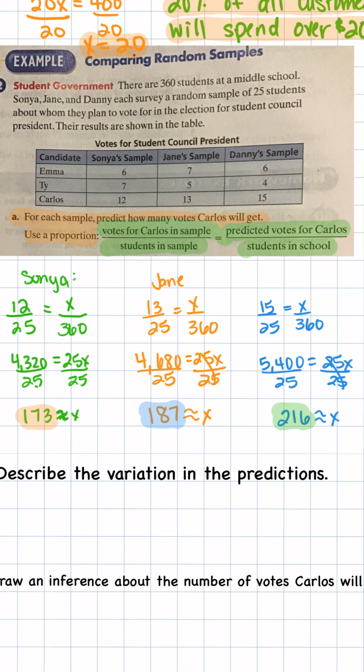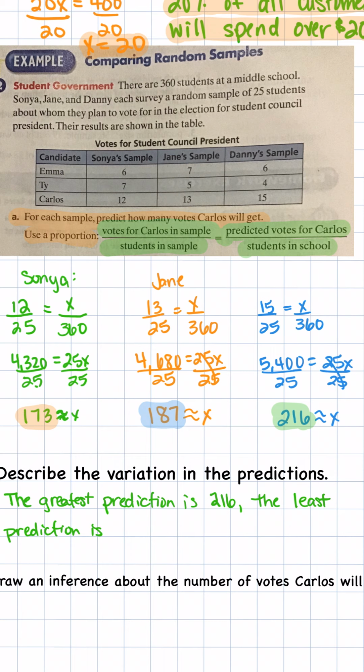So we're going to put the greatest prediction is 216. The least prediction is 173.